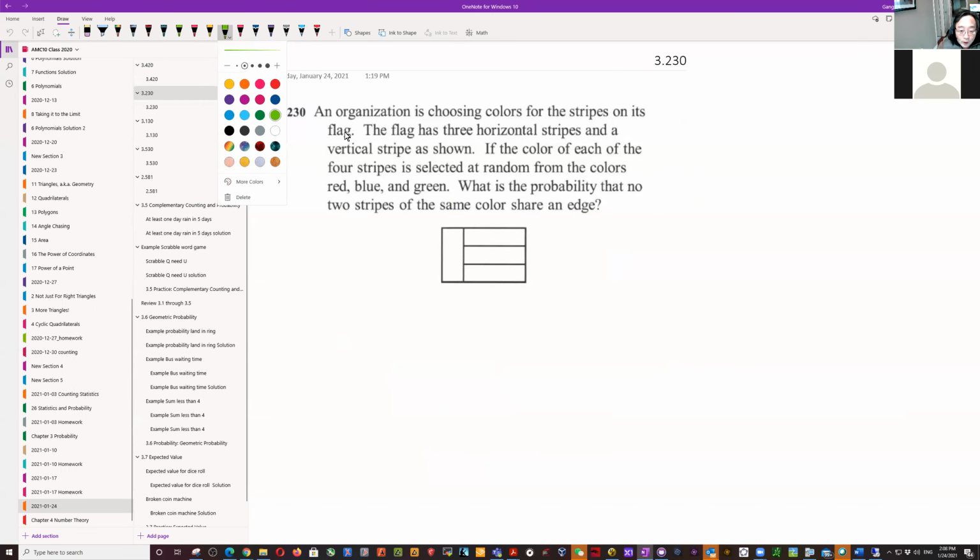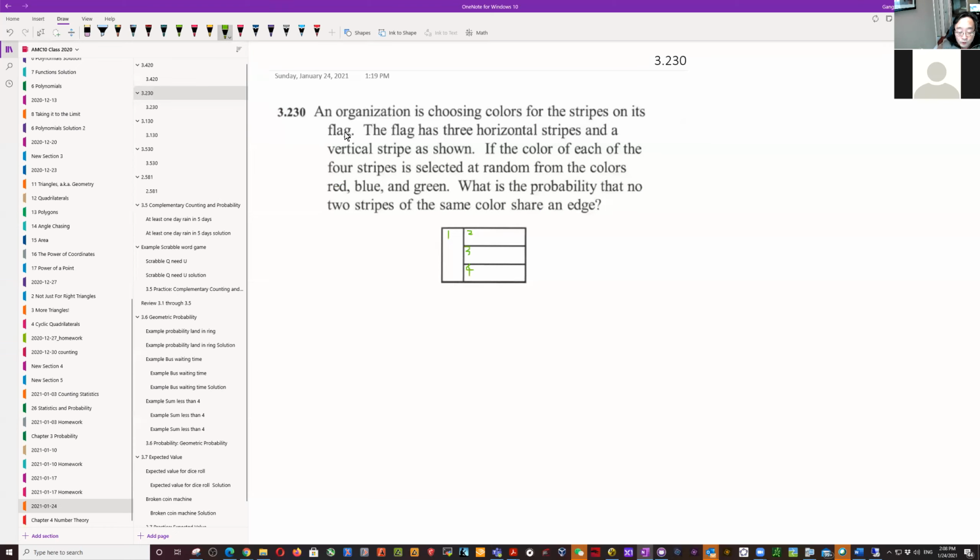And so this problem is that we need to choose colors for 4 stripes. So what we are going to do is label the stripes. For example, this is 1, 2, 3, 4.